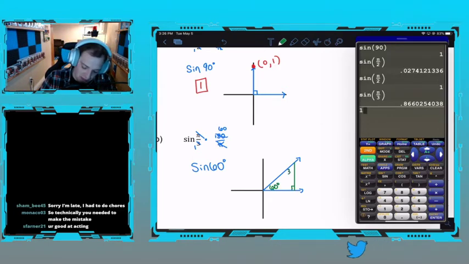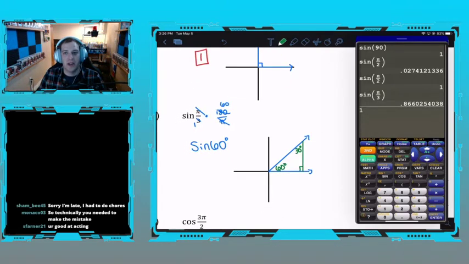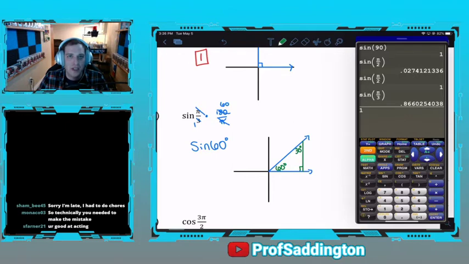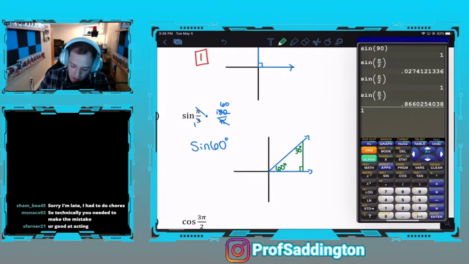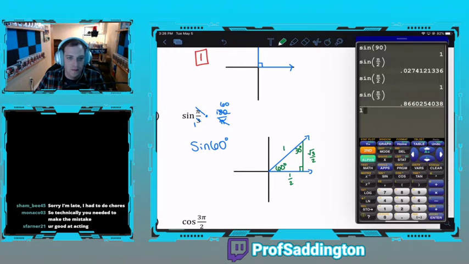And now we know it's a 30, 60, 90. So this is a special right triangle. We can do the same stuff that we've been doing for the last week. We can use the 1/2, the radical 3 over 2, and the hypotenuse is always 1.